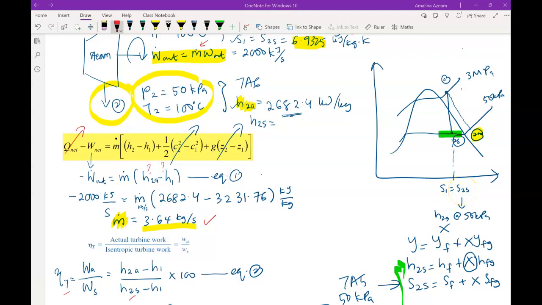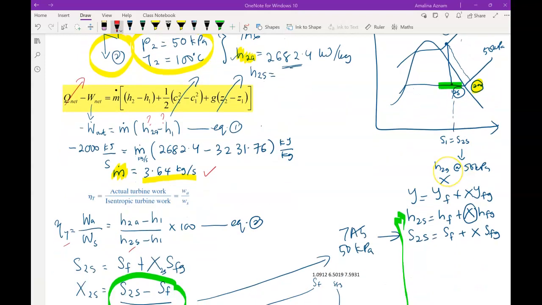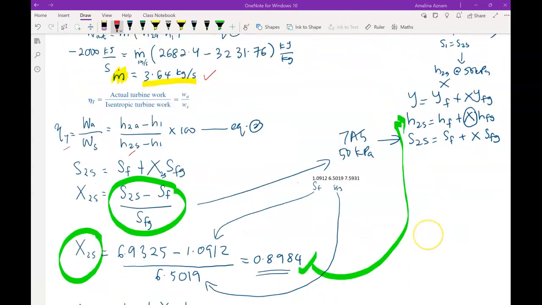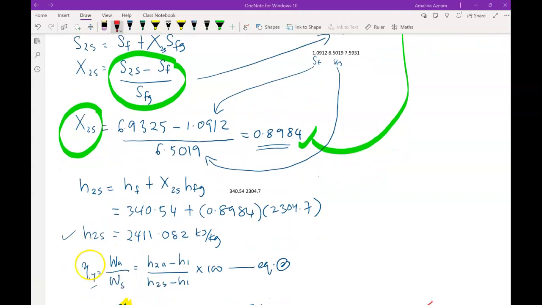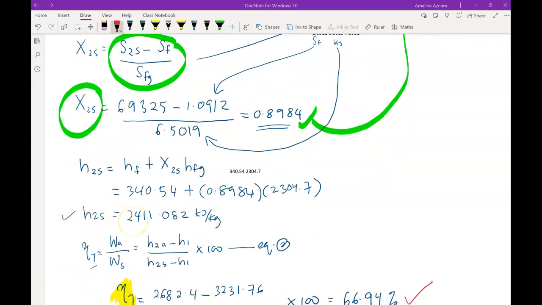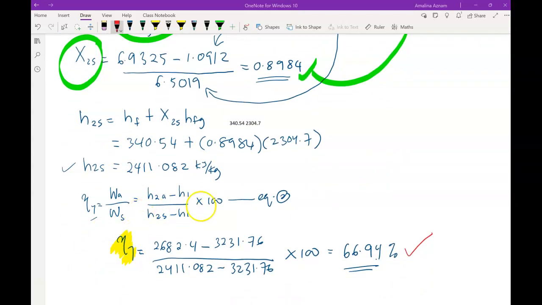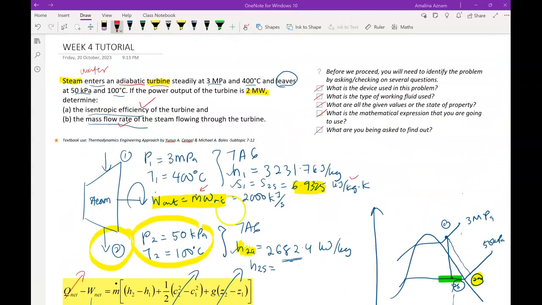Then you will need to make use of this to find your h2s over here. And once you solve for this, then only you will get the isentropic value before you can calculate the isentropic efficiency. So this is how you solve for a turbine device with steam as the working fluid. Thank you.